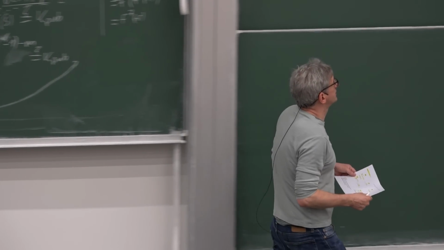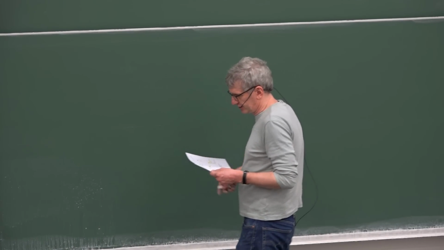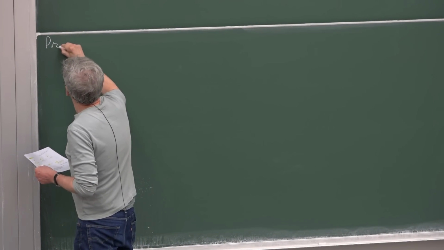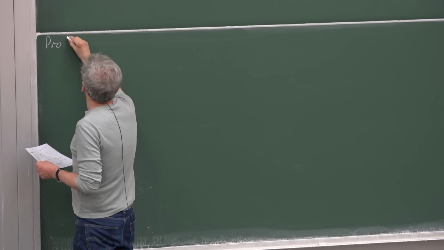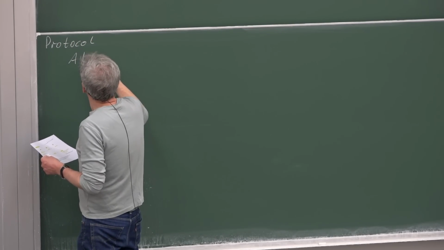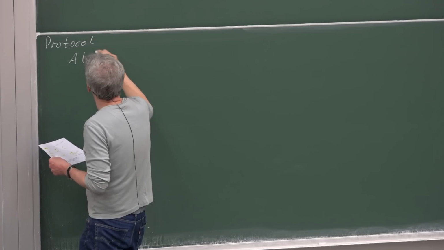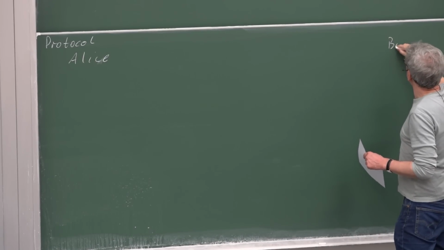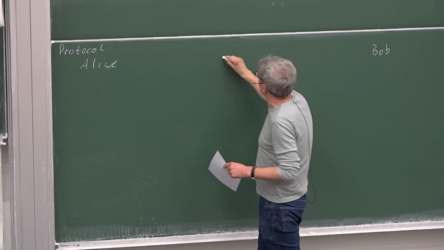Now let's put all of that in a more conventional protocol. So we have Alice. We have Bob, and we do need Oscar now.